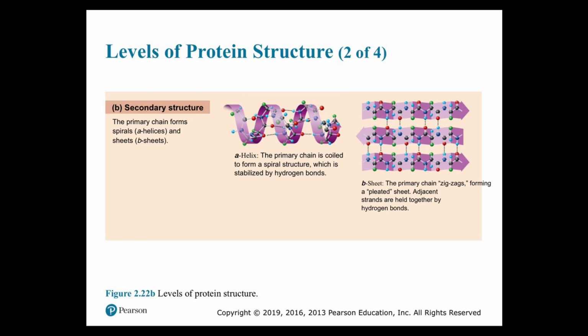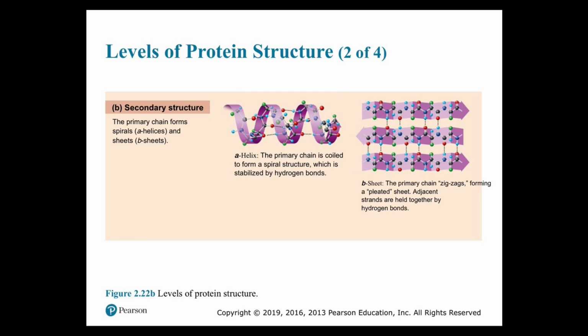The result can either be an alpha helix or a beta pleated sheet, and this is really stabilized by hydrogen bonds. There are many of them. One hydrogen bond or interaction is not very strong, but because there are many of them, the result is the secondary structure of proteins.